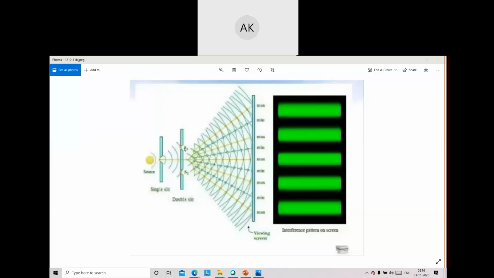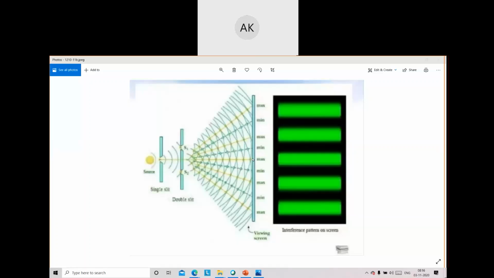When you take the waves coming from S1 and S2, they take equal path lengths. The distance from S1 to the center point and the distance from S2 to the center point are the same. That means there is no path difference between the two waves coming from S1 and S2. So if the path difference is 0, we get a bright fringe.